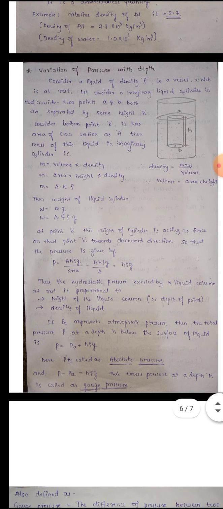And let us consider an imaginary liquid cylinder. In the container of the liquid, we consider an imaginary liquid cylinder. This cylinder we have drawn inside the vessel is the imaginary one. It does not actually exist.